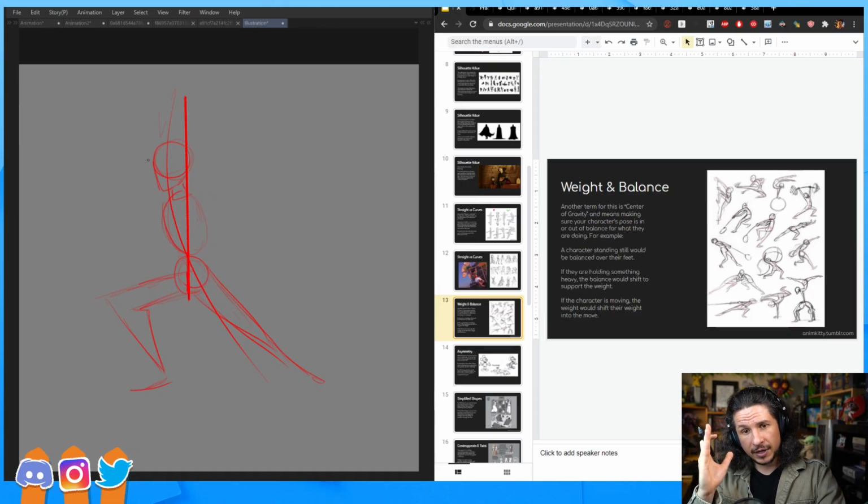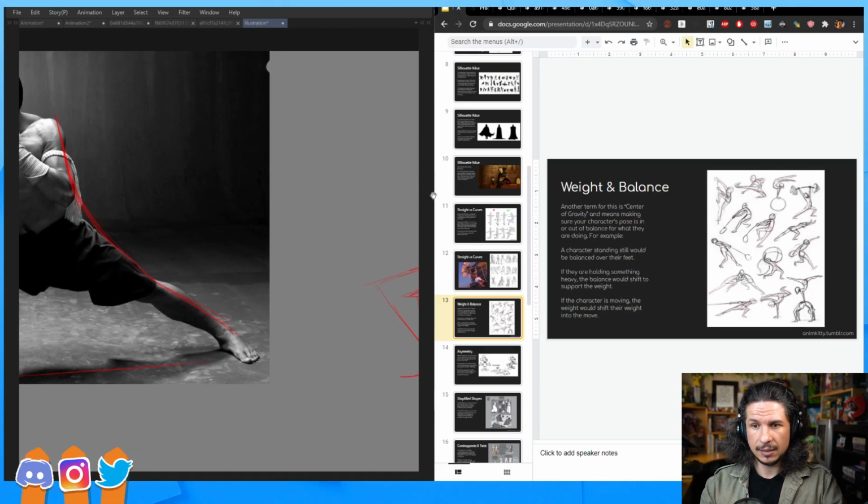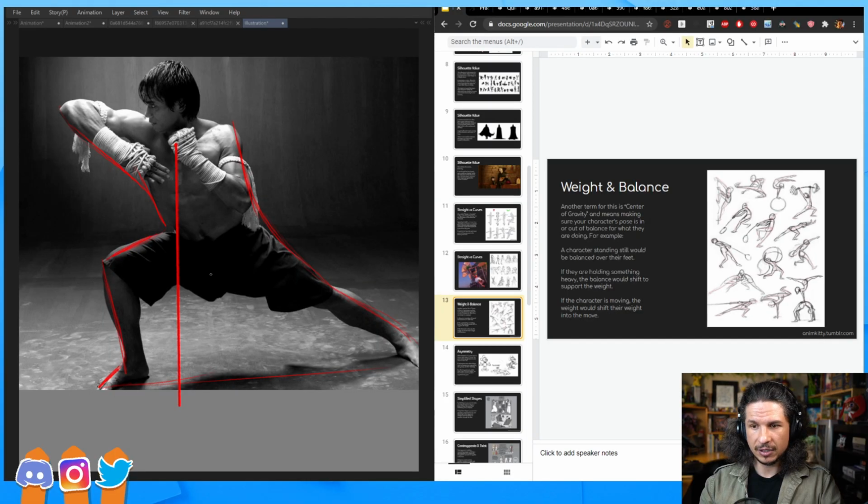We want to have the body straight. Instead, if we look at the center of the hips, let's go straight up. Look at how far the head is in comparison to the hips, especially the center of the head. Center of the chest is over here. We definitely feel that angle there.